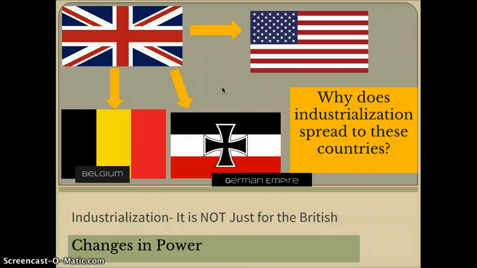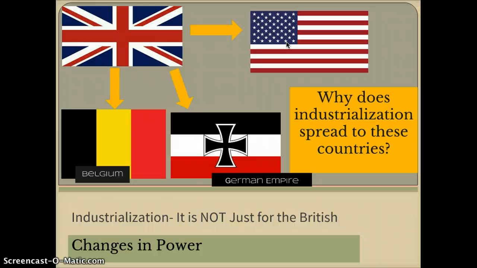We can assume that all of these countries have land, labor, and capital, right? France is missing, Central Europe is missing, right? Remember, Napoleon disrupts so much of Europe that a lot of these countries then lag behind Great Britain. But these are countries with coal deposits, right? Oil deposits, and like Great Britain, right? The first industry to industrialize in the United States, of course, is textile factories.